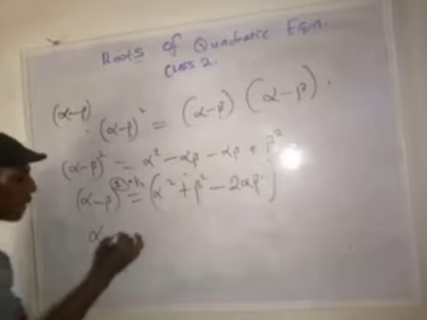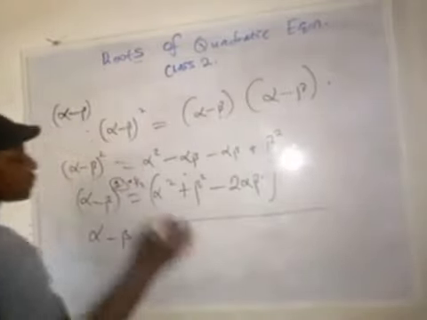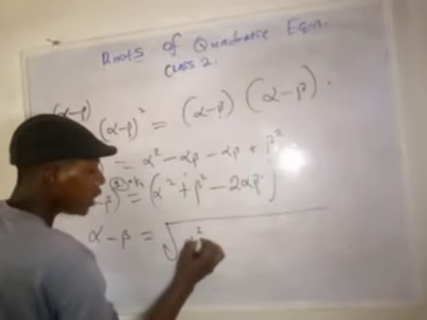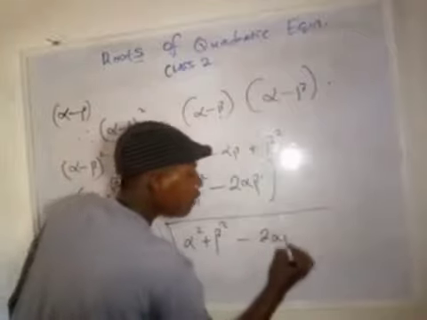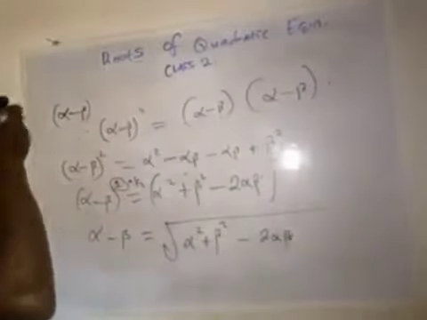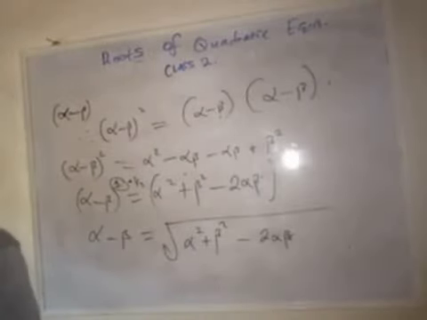And therefore, alpha minus beta will now be equal to the square root of alpha squared plus beta squared minus 2 alpha beta.